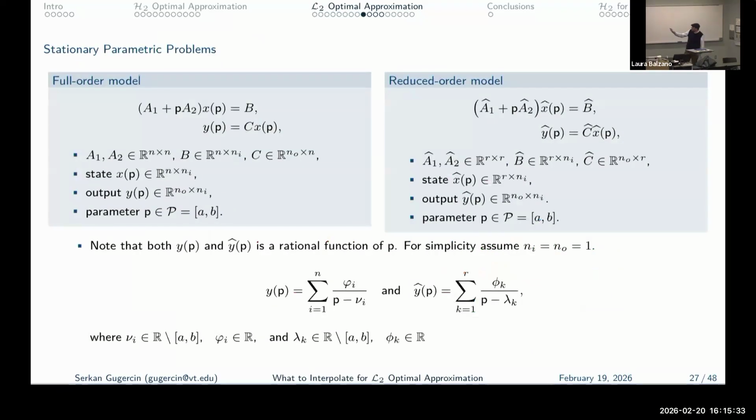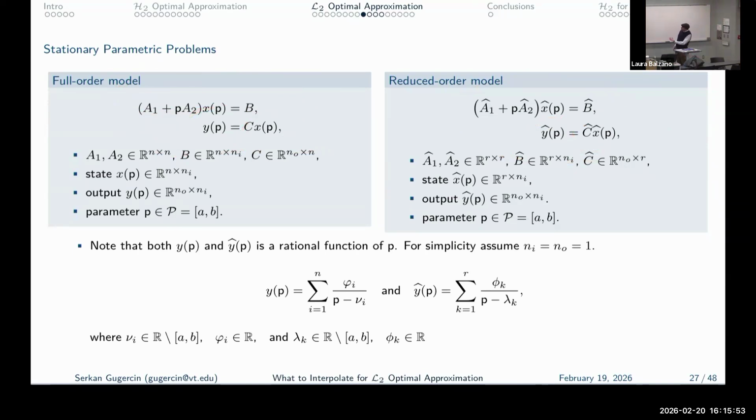Okay. In this L2 case, I also mentioned the stationary parametric problem. Here's my problem, some stationary problem parameterized this way. I want to have a reduced model that looks like it, but is reduced, and I want this reduced output to approximate this output.